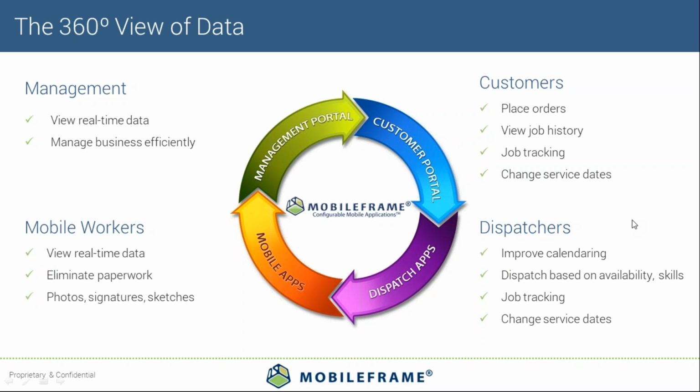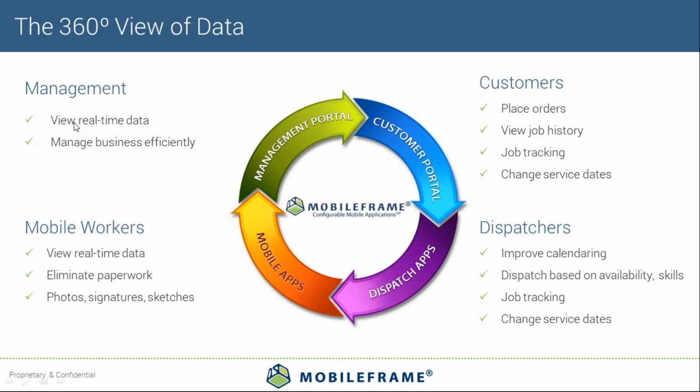Dispatching functions: I'll show you the dispatching function that we have in place and how we can schedule jobs, gather the appropriate information, and utilize the proper resources through a dispatching function. We'll spend a lot of time on the mobile apps, so I will show you a DVIR inspection application and some of the things you can do with that, and vehicle repairs, reviewing inspections, accident reports, all of those different things that can be created and managed within the mobile workers portion.